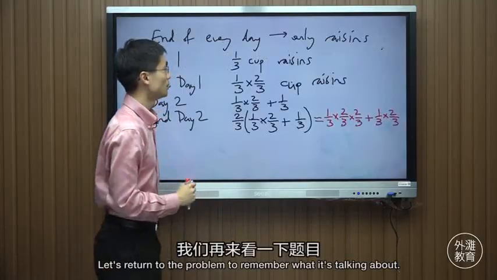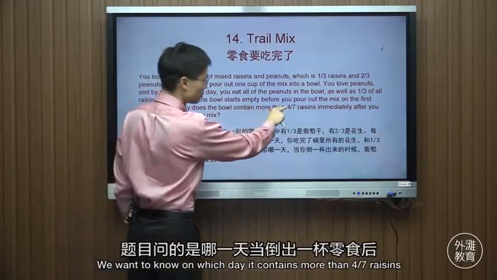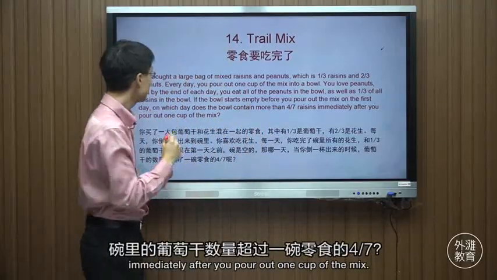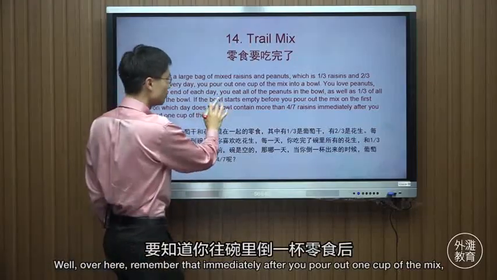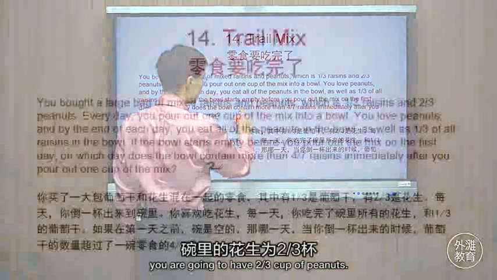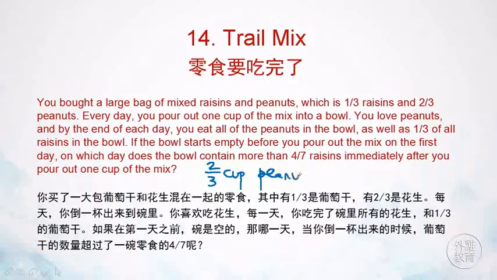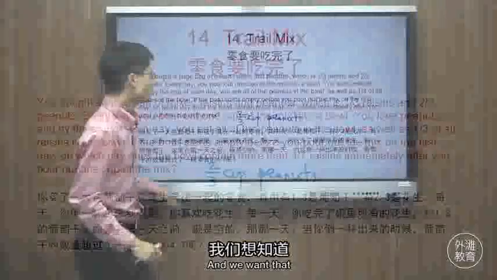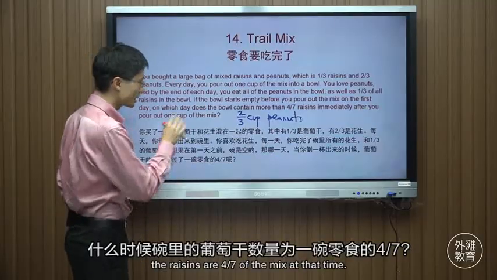Let's return to the problem to remember what it's talking about. We want to know on which day it contains more than 4/7 raisins immediately after you pour out 1 cup of the mix. Well, remember that immediately after you pour out 1 cup of the mix, you are going to have 2/3 cup of peanuts. And we want the raisins to be 4/7 of the mix at that time.